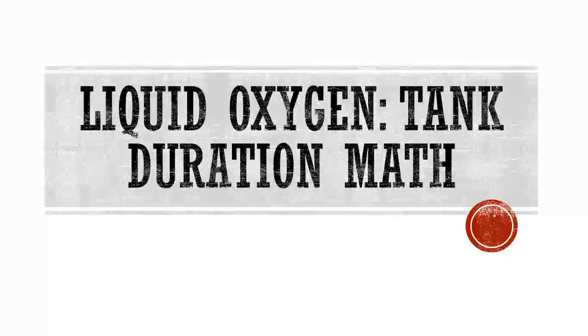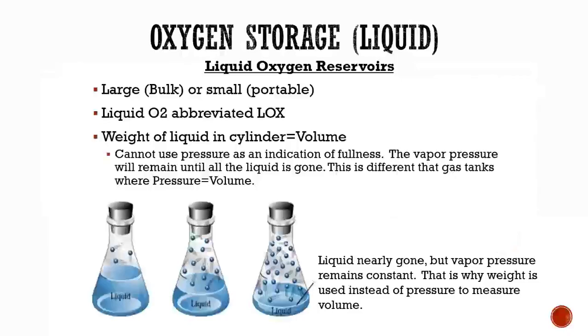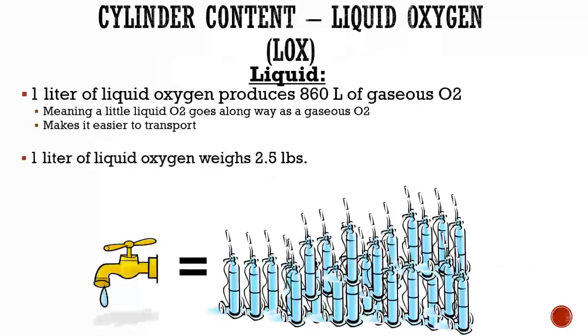When you get to liquid oxygen, it's different math. You're talking about a totally different thing. With liquid oxygen, we talked about how the weight of the liquid is what equals the volume, and that you cannot use pressure for liquid oxygen because vapor pressure stays present as long as liquid is present. So big takeaways, 1 liter of liquid oxygen produces 860 liters of gaseous oxygen.